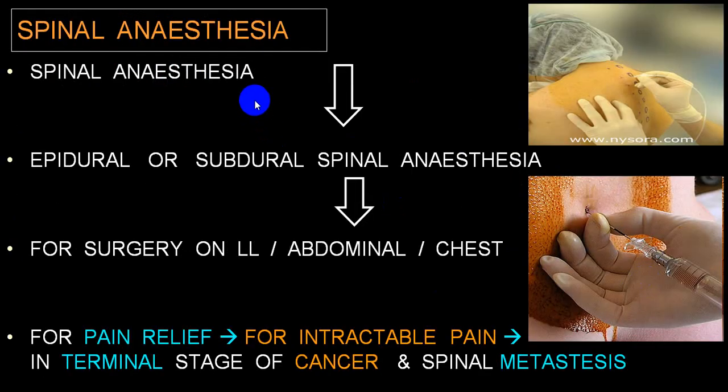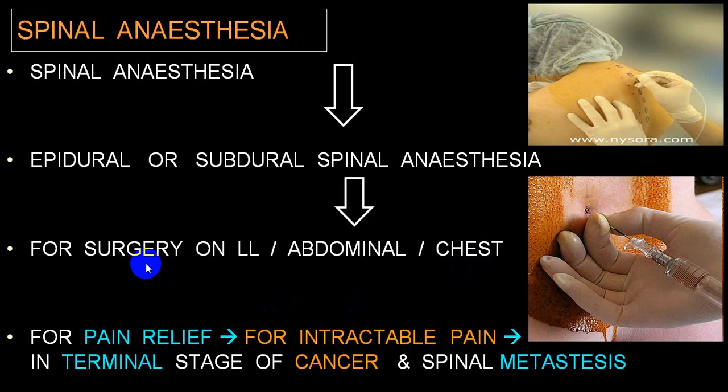Spinal anesthesia, which can be epidural, subdural. Mainly it is utilized while doing surgery on the lower limb or abdomen, or nowadays it is also done by giving spinal anesthesia at the level of the thoracic spine.